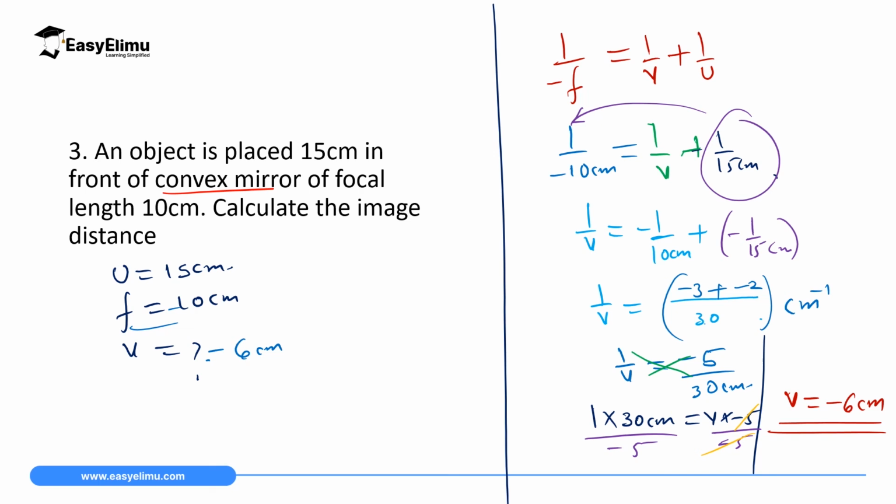Another thing, remember magnification is equal to V over U. In this case, look at V is 6, U is 15. So when the numerator is less than the denominator, it means this image will be diminished or will be smaller than the object. And that is true whenever we have convex mirrors. The images formed by convex mirrors are always smaller than the object height.